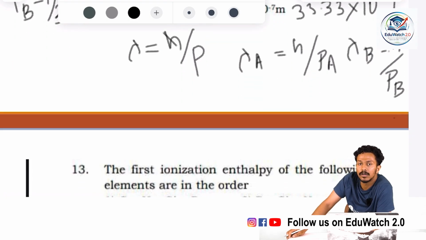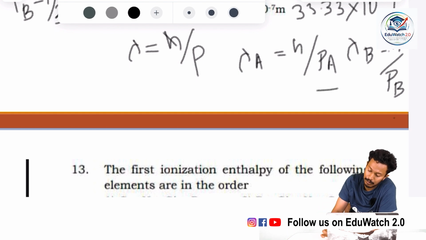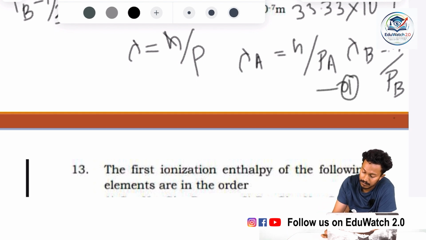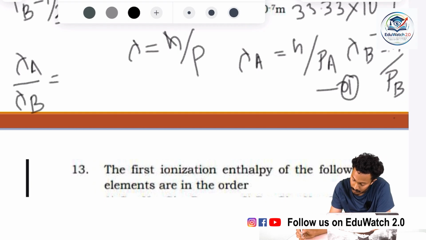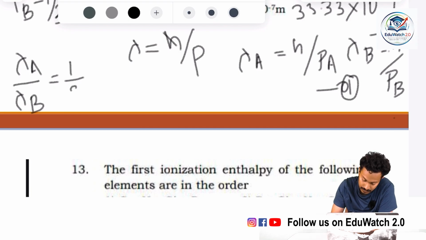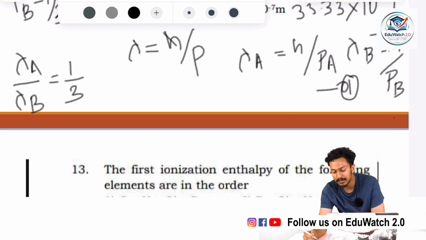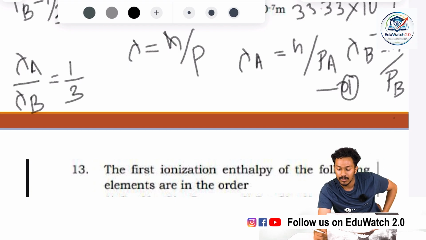On dividing equation 1 and 2, we get that lambda A by lambda B is equal to 1/3, isn't it? We could cancel out both h and momentum of A particle and B particle by giving Pa is equal to 1/3 Pb.